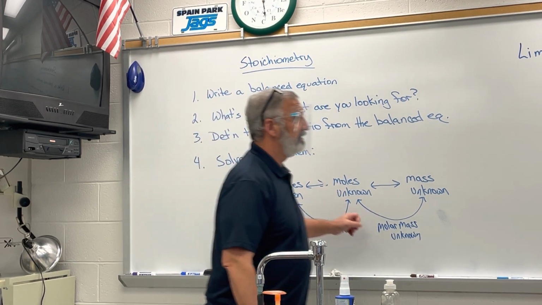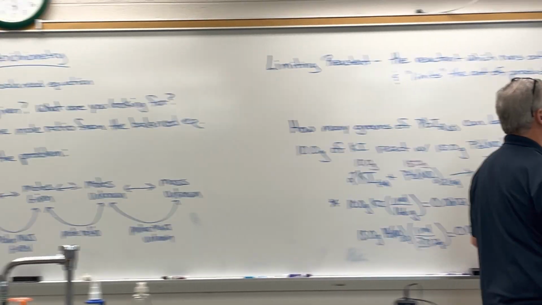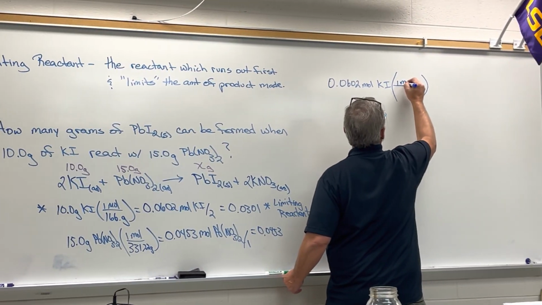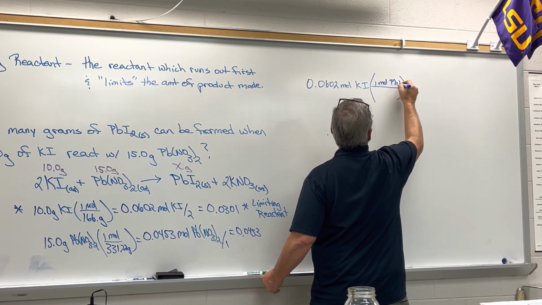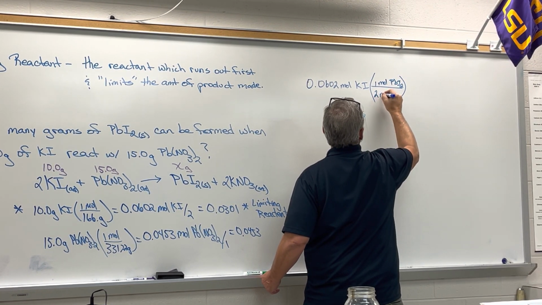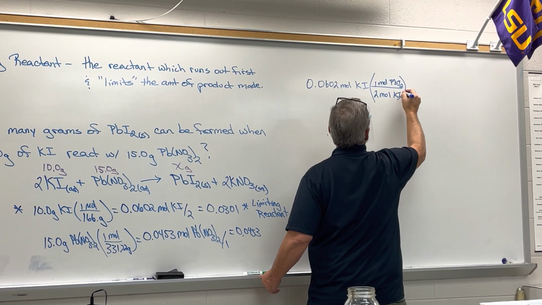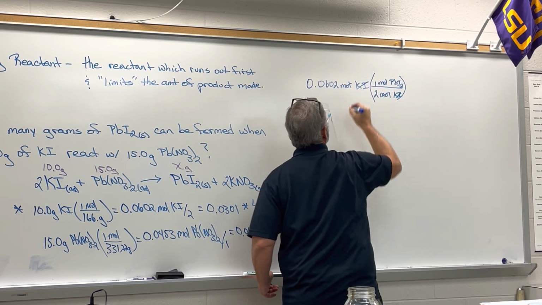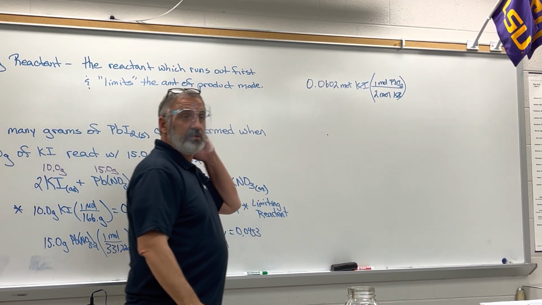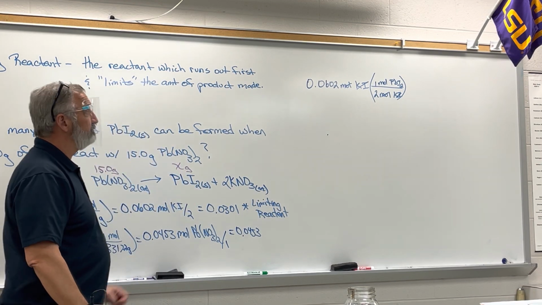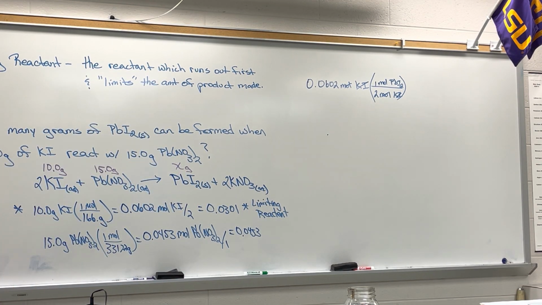Mole ratio, which is going to be 1 mole PbI2 for every 2 moles of KI. Moles of KI cancel. So, but I need grams. How do I go to grams of PbI2?